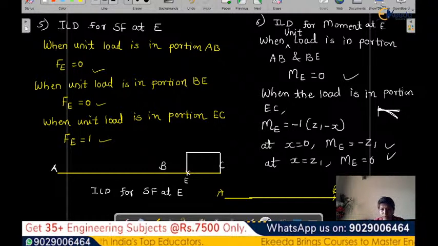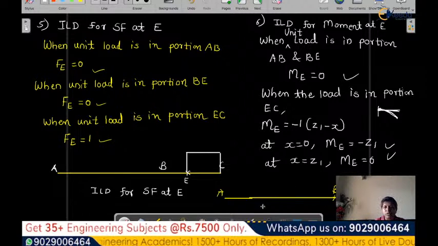And this is 0 here, at this point. At x equal to 0, at this point it is Z1, and at x equal to Z1 it is 0. So this is Z1, this is 0. This is our ILD for ME.